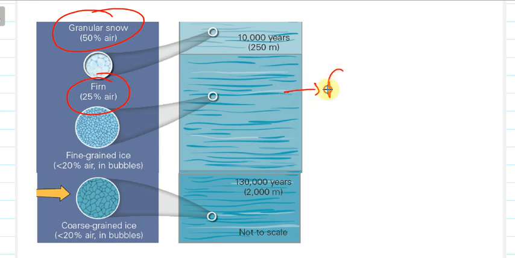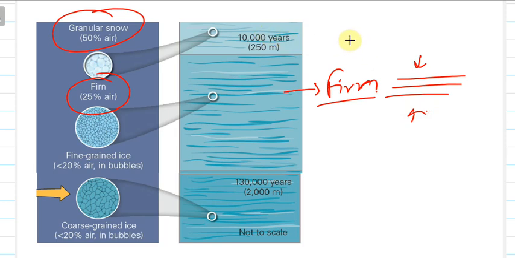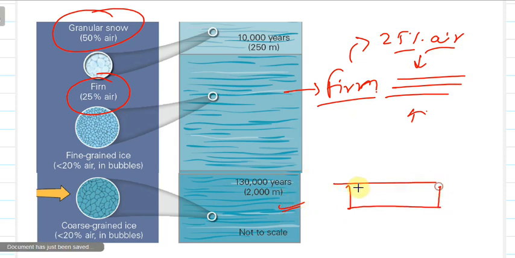Okay, so this term is important. It is known as firn. Okay, firn. So this is very compacted ice due to pressure over the time period, and this firn, which is a type of compacted snow, very old snow, only has 25% air. Okay, and then again over 1 lakh years, the ice is completely compacted and the air is less than 20%.